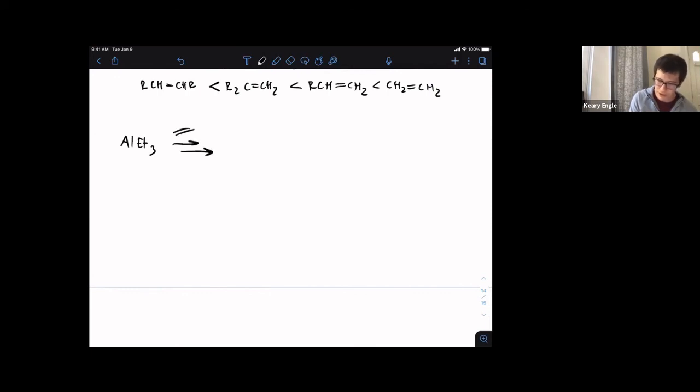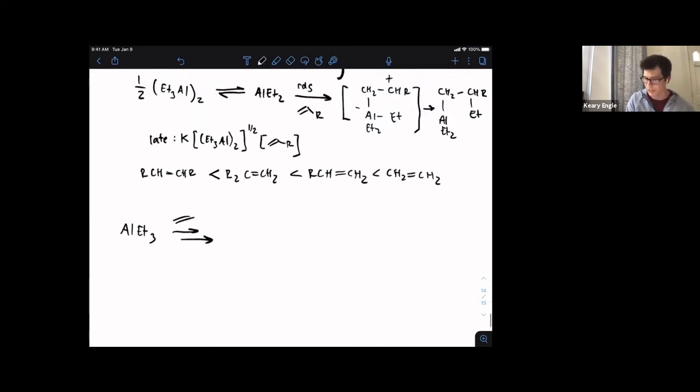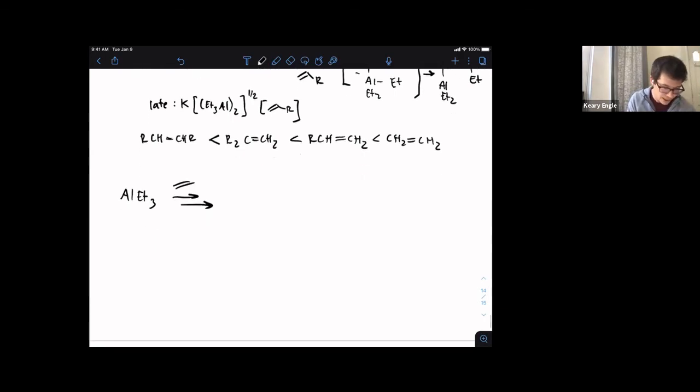And so you can imagine if you think about what the product is from reaction with ethylene, you get another organoaluminum species, and you could imagine this happening ad infinitum, proceeding on and on and on. And so I've drawn multiple arrows here, happening at all three reaction sites repeatedly.